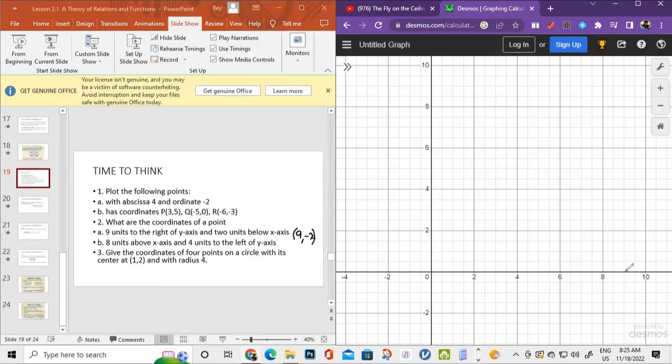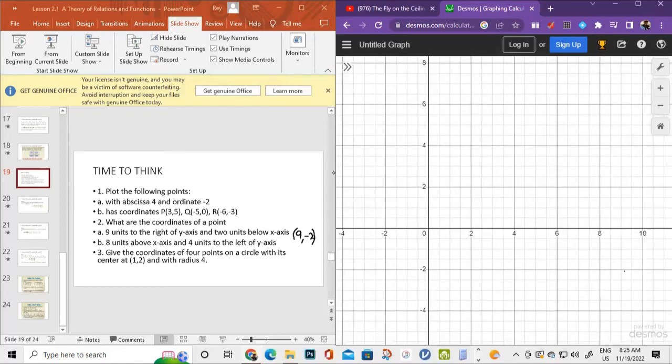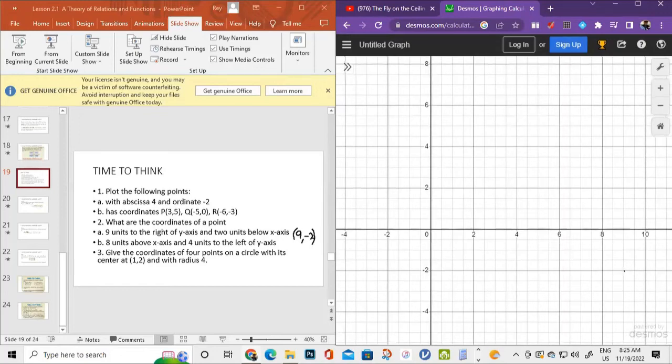Nandito siya. Then, bababa ka ng 2 units below x. So, 9, negative 2. So, nandito na ngayon yung ating point. So, ang coordinates nito ay 9, negative 2. Okay.